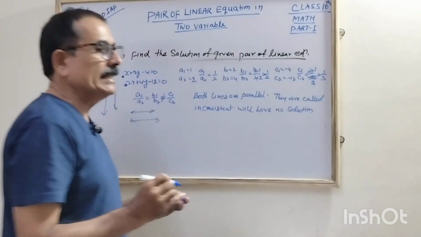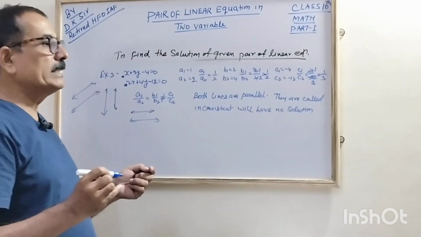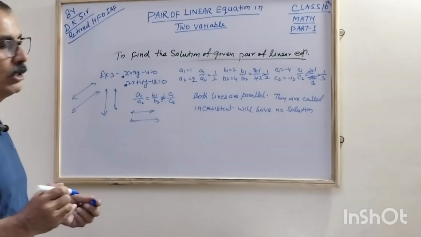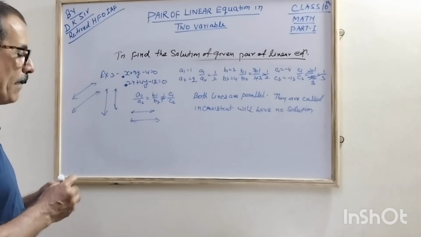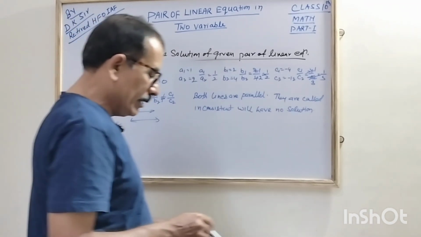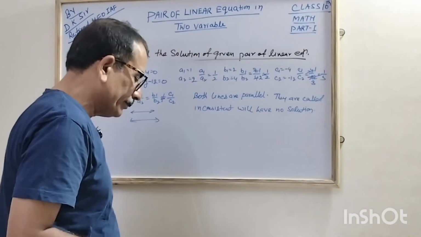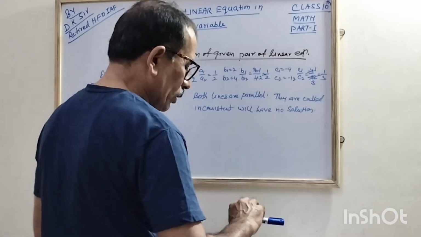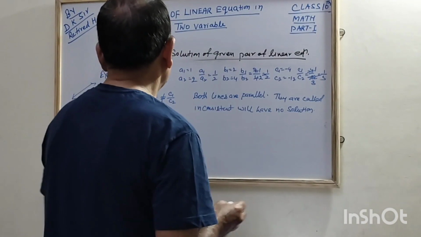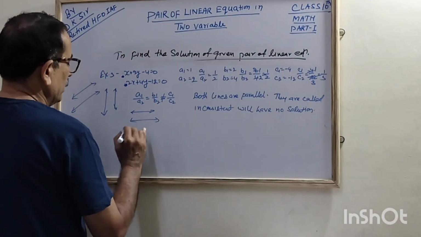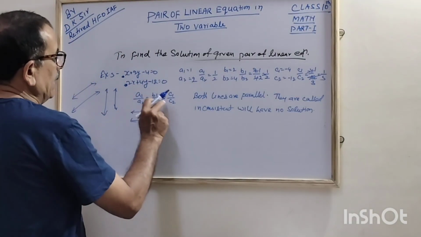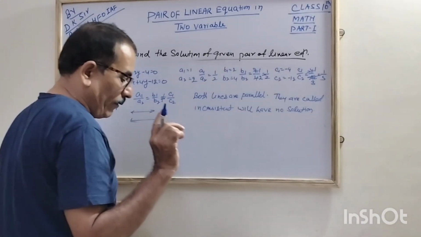So if the lines are intersecting or coincide with each other, they will have a solution. So both these cases will be consistent. If it is parallel, it is inconsistent, understood? Remember one more thing, the inconsistent line is a parallel line, you should remember always, correct?